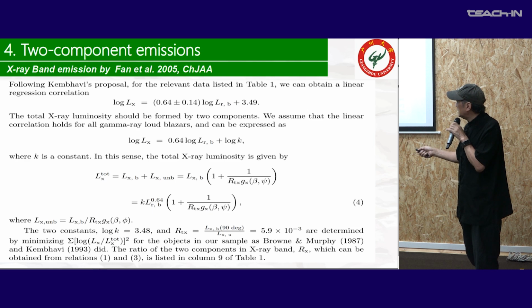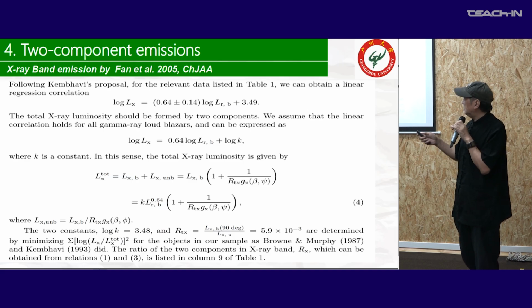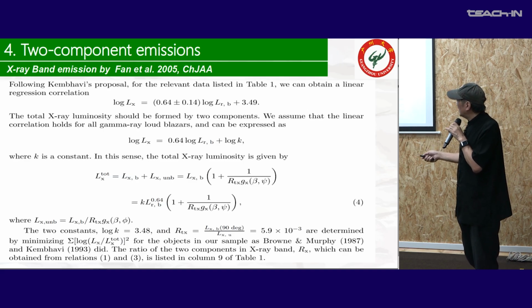We use the observed one minus this one, and minimize this over the total sample, so we can get k and alpha_RX, and then afterwards we can get the X-ray extended luminosity for each source.